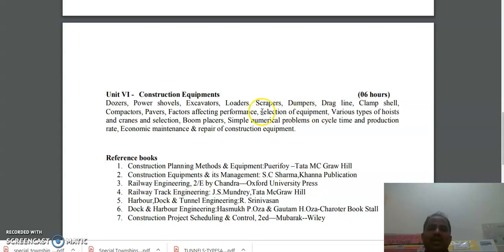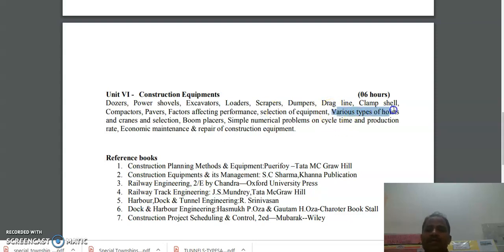So to become affordable or economical, one should purchase equipments as per the jobs available. Otherwise, it will not be convenient or economical to have such bigger equipments for our construction sites. We should get jobs, and the equipment should be busy throughout its working period.